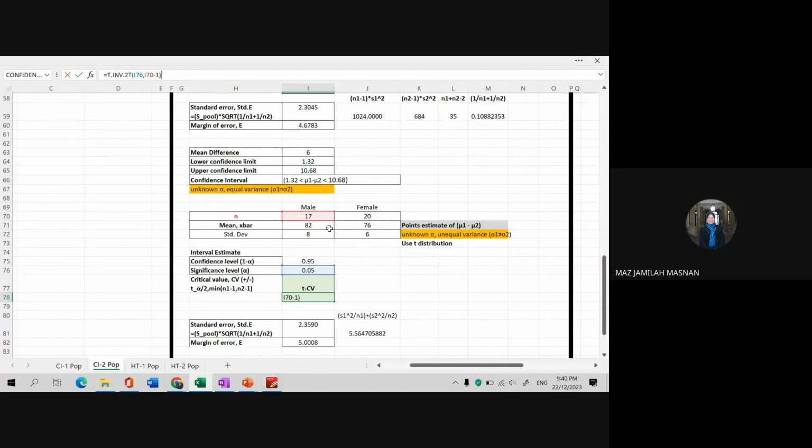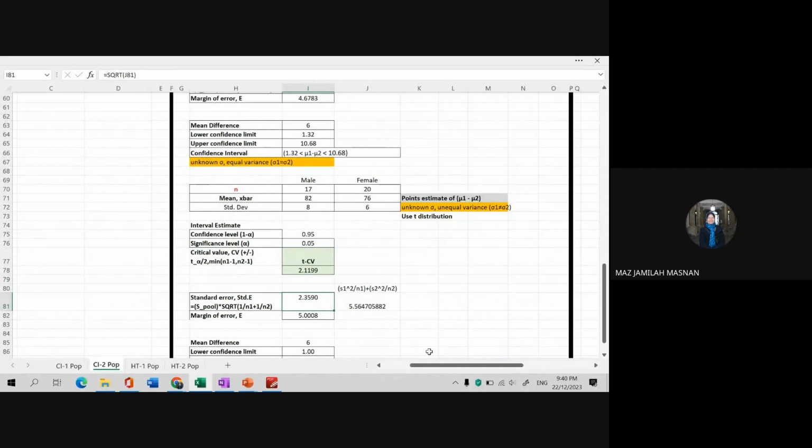If you look here, I choose the male sample value because the male is less than the female sample value. In this case, I use the two tail with the alpha at location I76, and n minus 1, 17 minus 1, and I get 2.1199. This is my critical value.